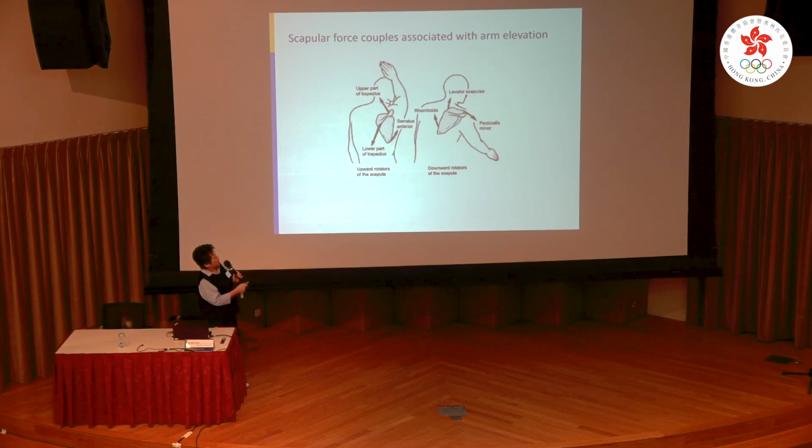Because the lower trapezius and the serratus help to upwardly rotate the scapula when it moves up. Downward rotators are the other ones, which we say are not so good, because if these muscles, pec minor and levator scapulae, get tight, they do not allow the upward rotation to occur.